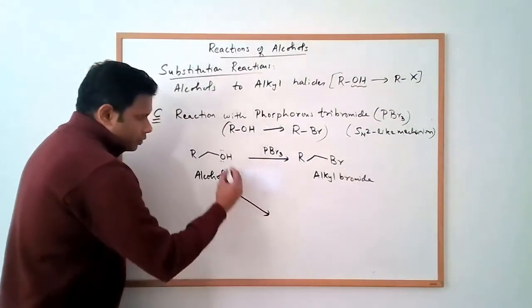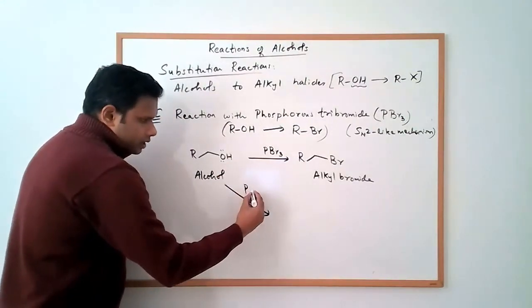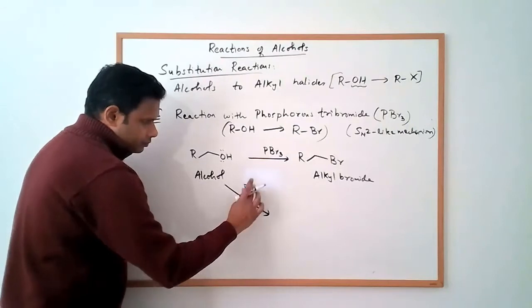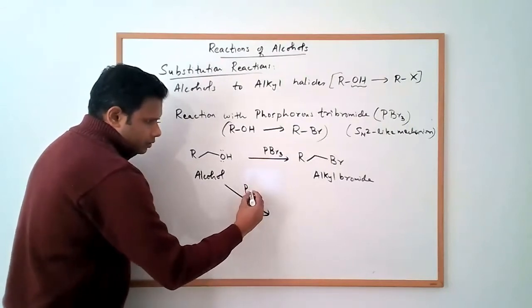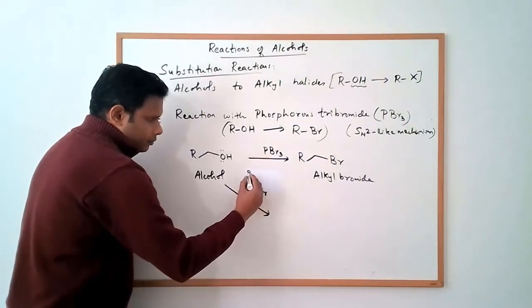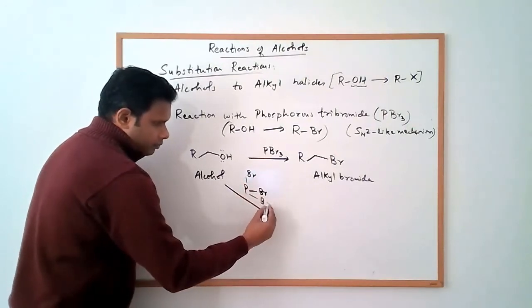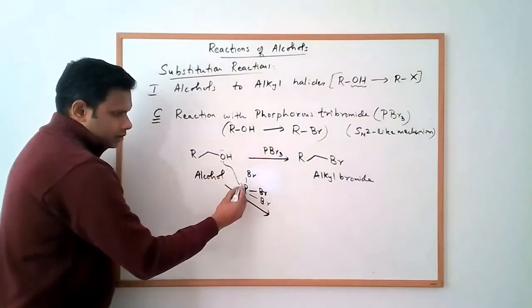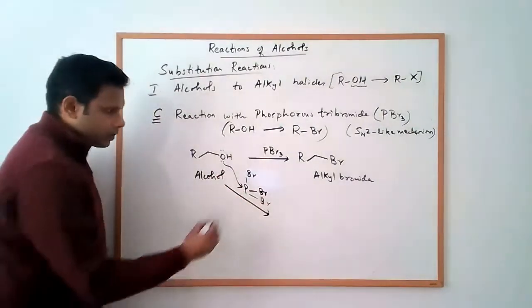Okay, so the alcohol attacks the PBr3. It attacks the phosphorus.